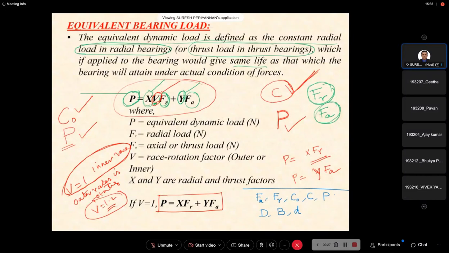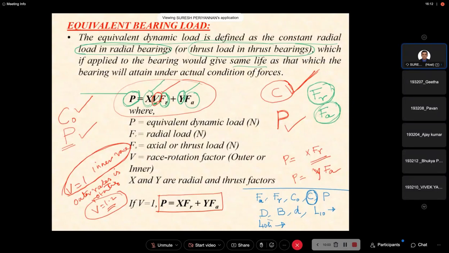These are all the parameters we discussed as of now, but the dynamic load carrying capacity we are going to discuss. And life of the bearing, L base 10 life, refers to bearing life in millions of revolutions. L10H refers to bearing life in working hours.